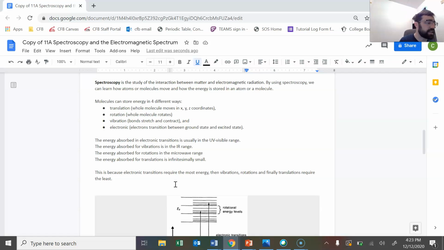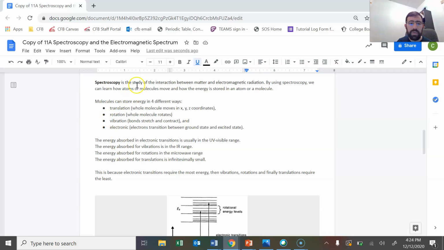Spectroscopy, this is the part that's kind of new. Spectroscopy is the study of interaction between matter and electromagnetic radiation. So by using spectroscopy, we can learn how atoms or molecules move and how the energy is stored in an atom or a molecule. We're going to talk about several different ways that a molecule or atom can store energy.